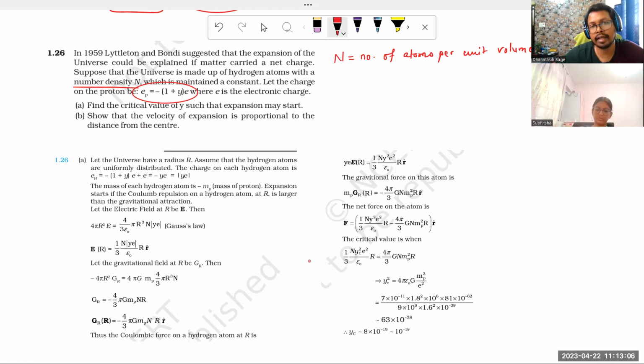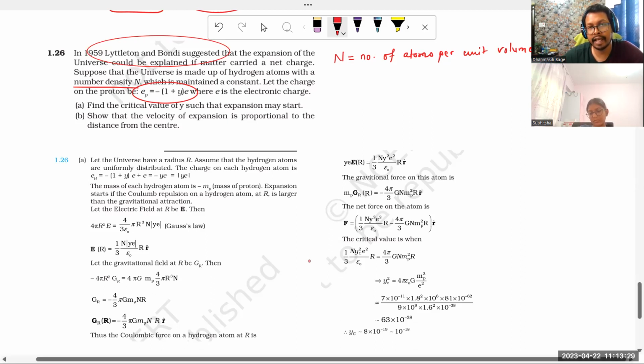So currently the explanation is that there is some dark energy which we do not understand yet, but there is some dark energy responsible for it. But these scientists try to explain it in terms of the net charge in the universe.